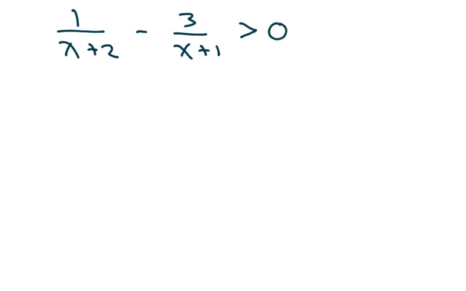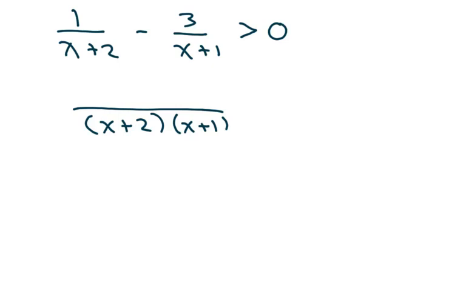Now, we got to get the common denominator. Let me write this again: 1 over x plus 2 minus 3 over x plus 1 is greater than 0, which means positive. My common denominator is x plus 2 times x plus 1. And you just cross here. So you get x plus 1 minus 3 times x plus 2.